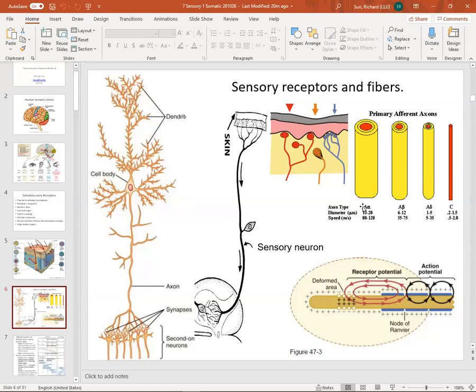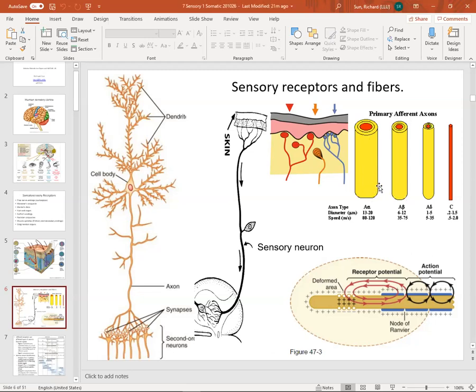And the thickness of these axons also indicates how fast they can transmit the signal. A alpha is very thick, so it can transmit signal faster with the myelin.